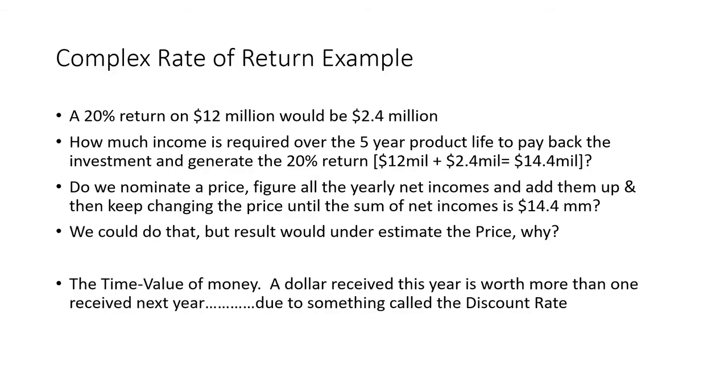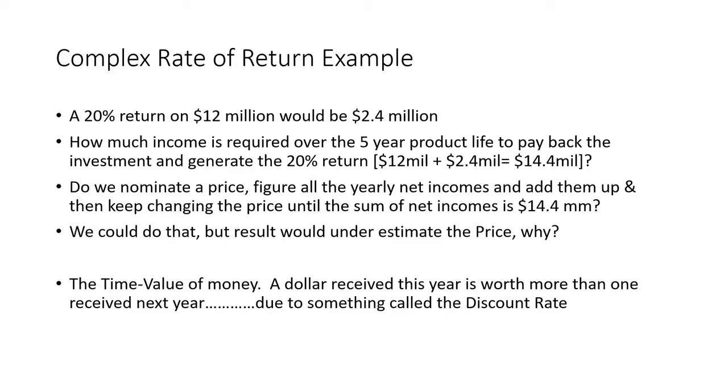It's due to a commodity known as the time value of money. And what the time value of money tells us is a dollar received this year or today is worth more to us than a dollar received next year.